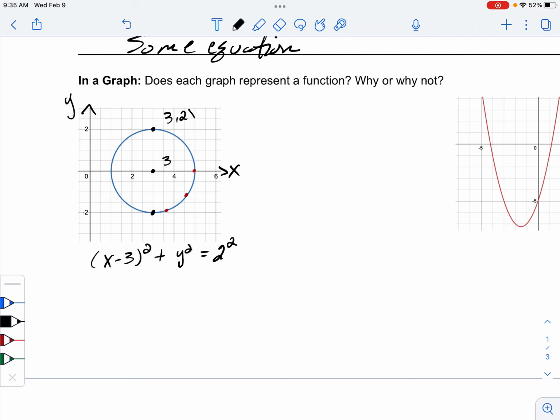This is the point (3, 2), and down here, this is the point (3, negative 2). So I have an input of 3 with two different outputs. (3, 2) is a point on my graph, and (3, negative 2) is also a point. This is not a function because I have one input going to more than one output.